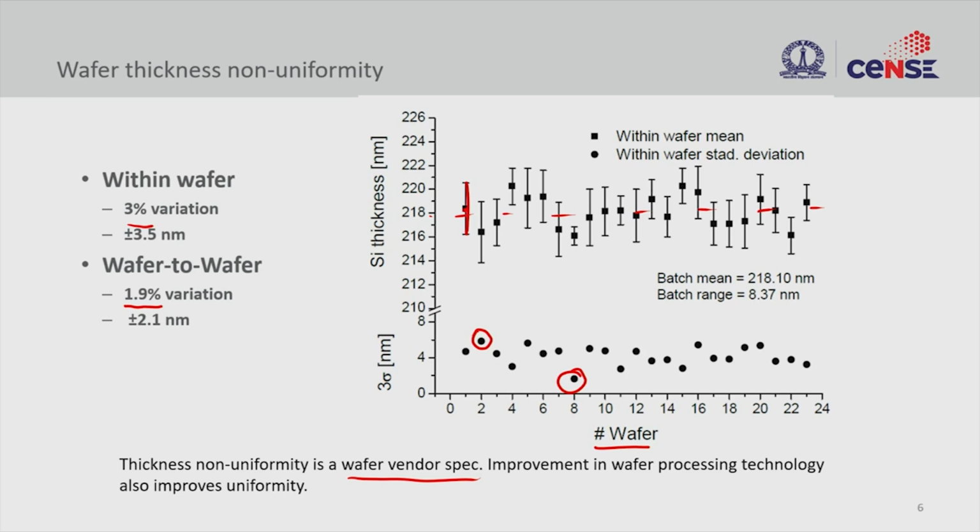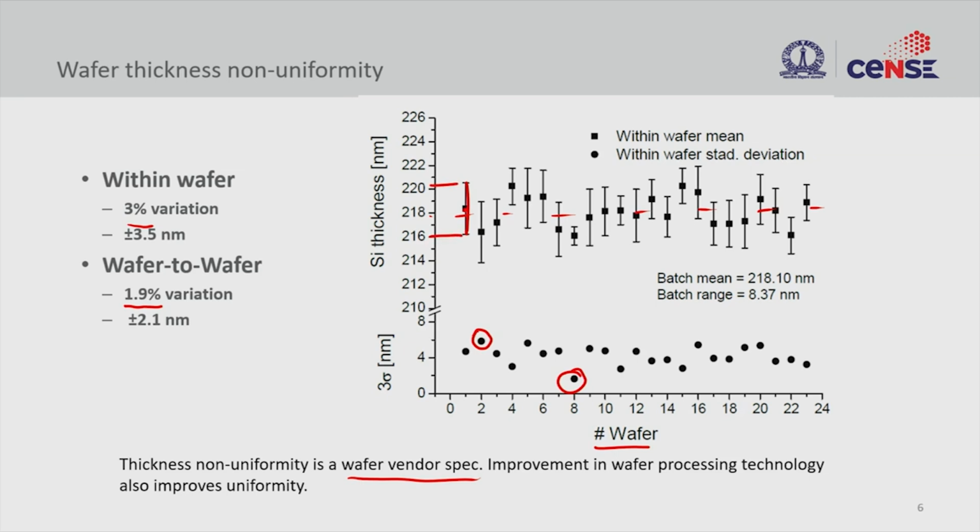And it may or may not affect your design based on how critical your design is with respect to thickness. If your thickness variation is 1 nanometer and then your device won't work, then you may want to re-look at your design, because here you see you have a range of about 4 or 5 nanometers.